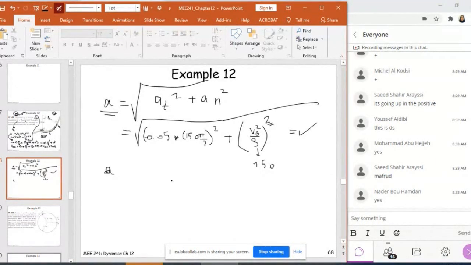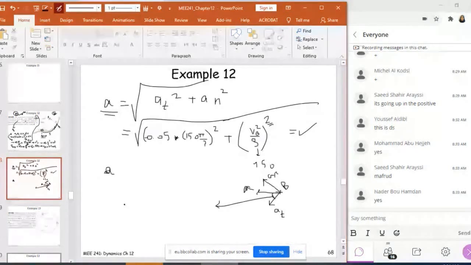So don't forget, guys, if I know, let's say this is B, I know AT, which is negative, and that's why I put it in the opposite direction. And I know AN. I need to find, let's say, the angle that this A is making with one of these vectors. Let's say I need to find this angle here.